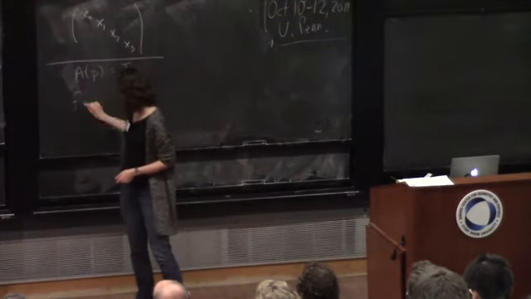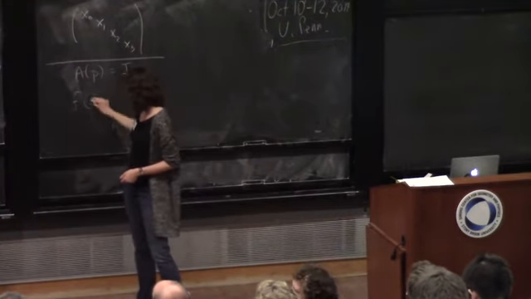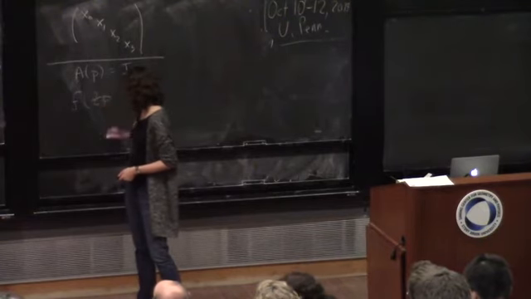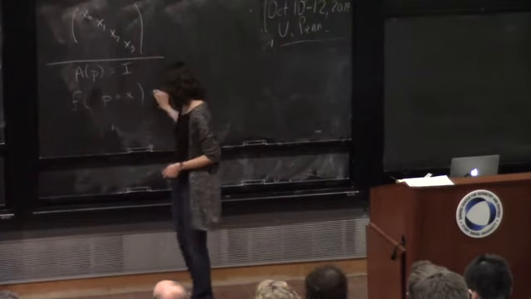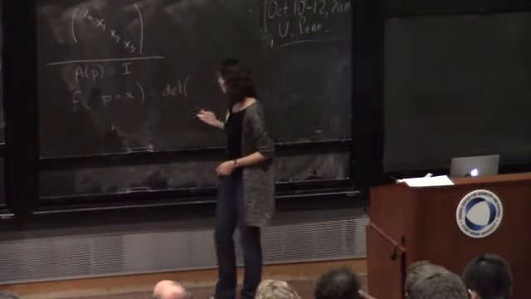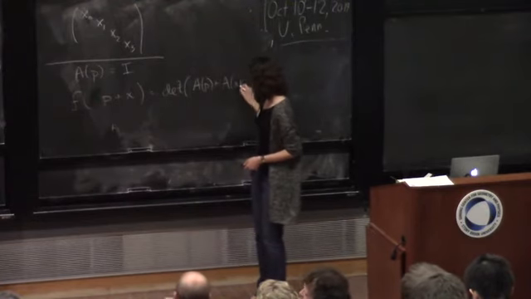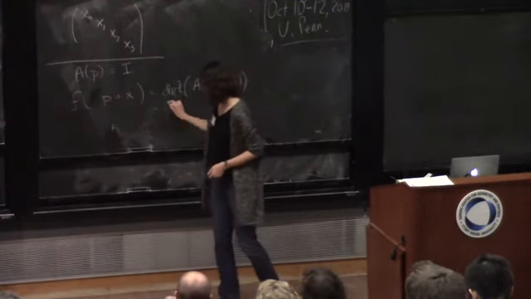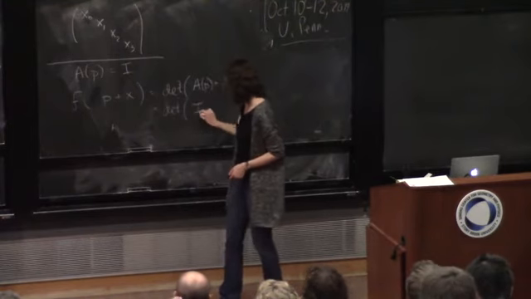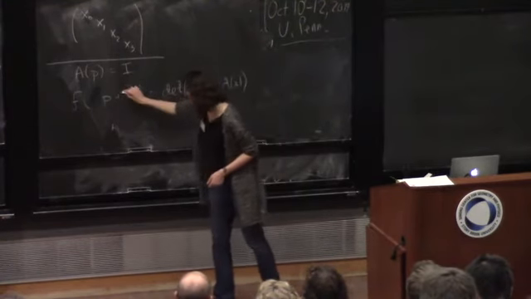If I restrict f, parameterize a line through p, that's the determinant of A(p) plus t A(x).